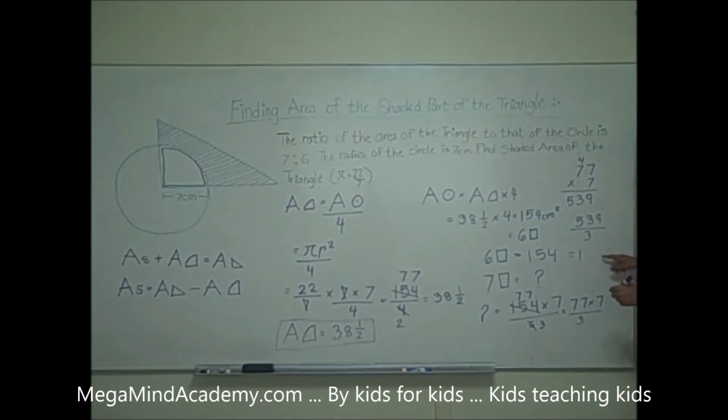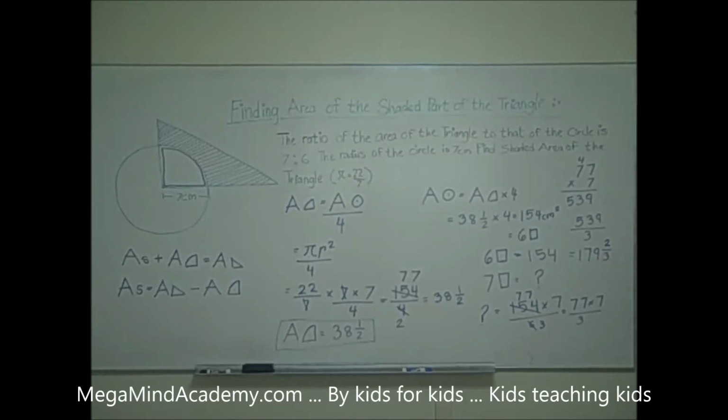It becomes 23. 3 goes into 23 7 times, with a remainder of 2, and it becomes 29. 3 goes into 29 9 times, with a remainder of 2 again. There are no more digits, so it becomes 179 and 2/3.